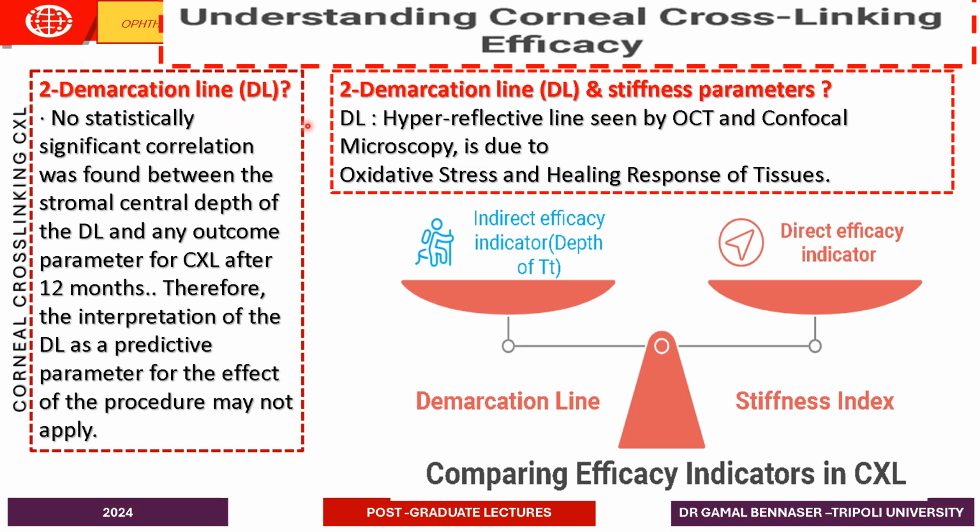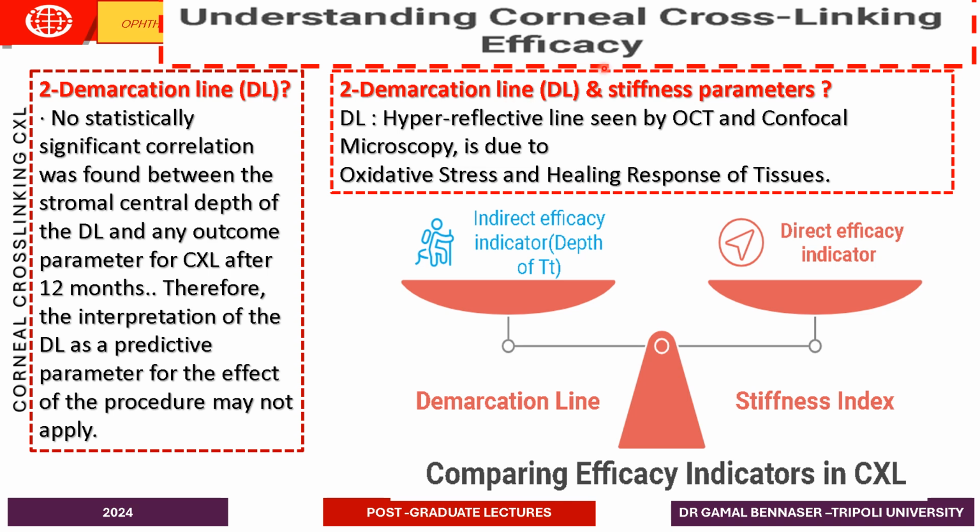So the demarcation line is just indicative of a hyperreflective line, which reflects the oxidative stress and the healing response that happens inside the cornea due to the exposure to ultraviolet light along with the riboflavin. However, it doesn't necessarily mean that your cornea is stiff enough to halt the progression of keratoconus.